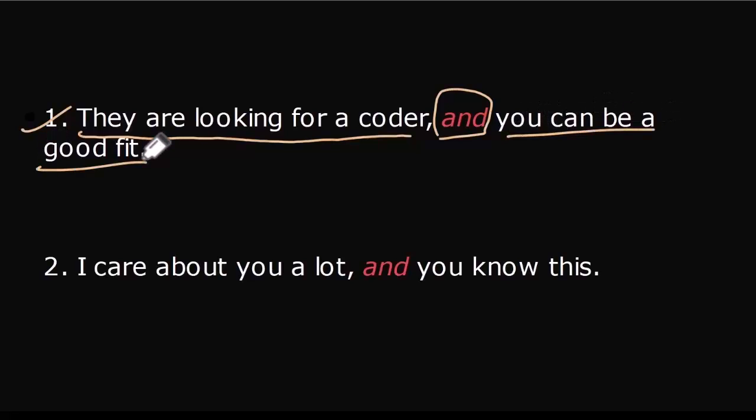They are looking for a coder, this is clause number one. You can be a good fit, this is clause number two. Since it's about a certain situation, there is a connection. I'm bringing these two clauses together: they're looking for a coder, and you can be a good fit.